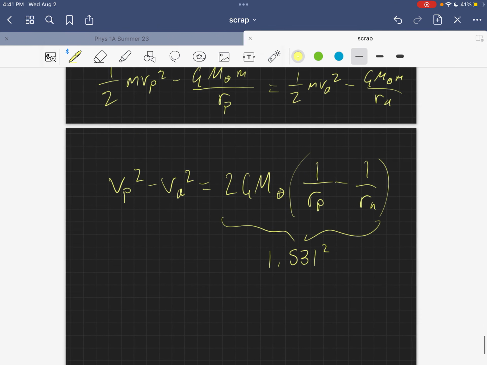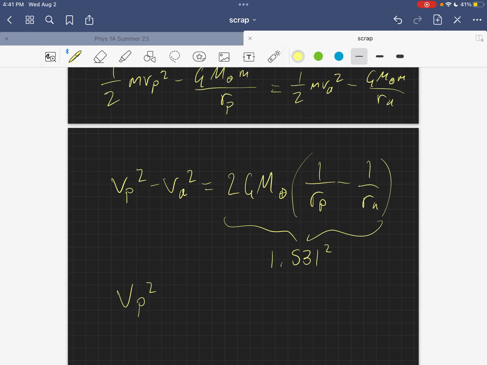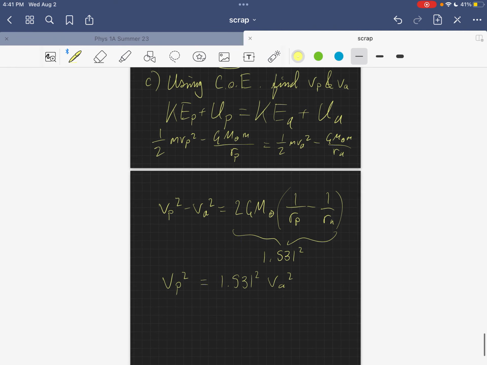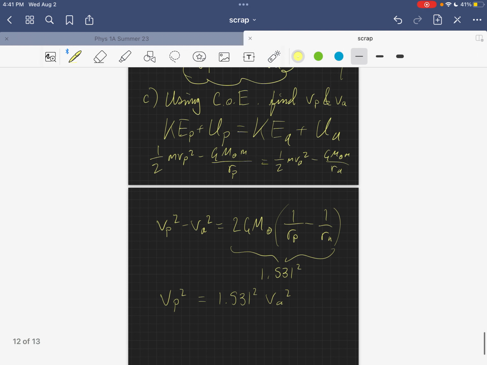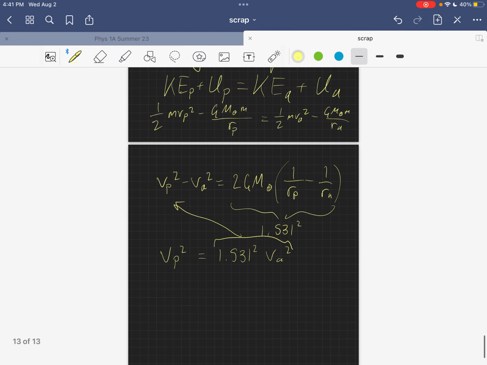And so now what you can do is you can say, okay, Vp squared is equal to 1.531 squared Va squared. We can now plug this in as Vp up here and solve.